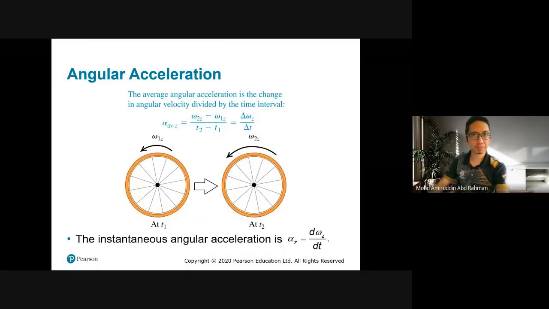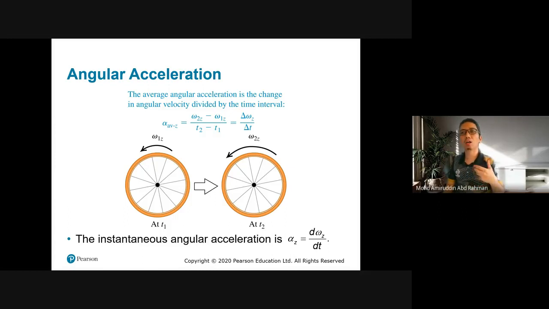Okay, so what is angular acceleration? Yesterday we learned about the angular velocity. Angular acceleration is the change in angular velocity divided by time.